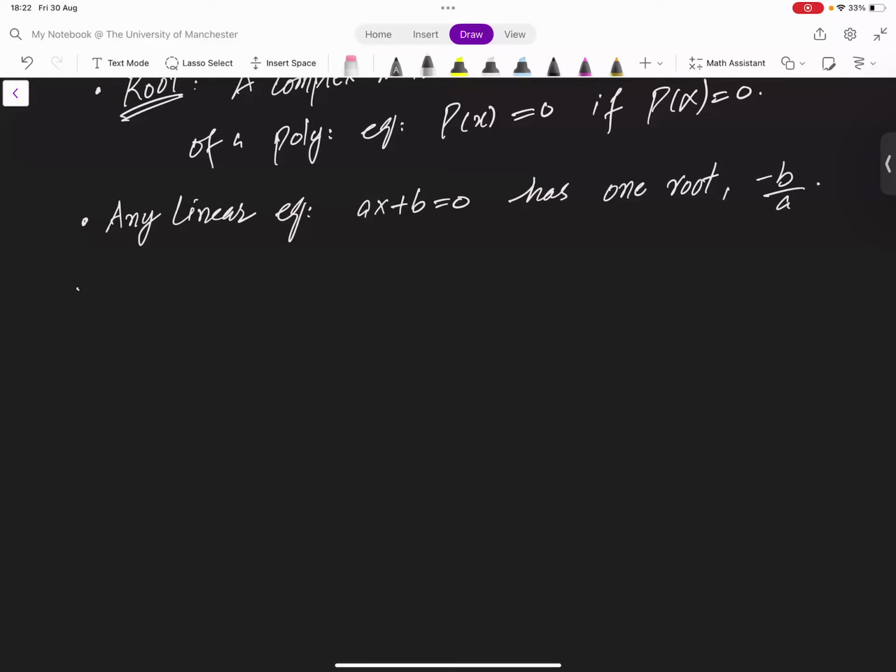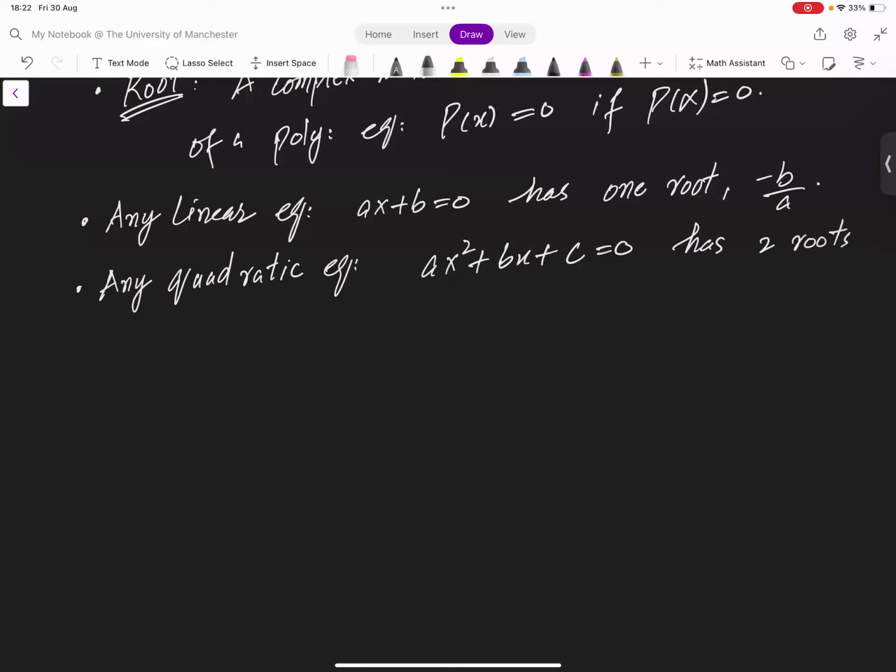And then any quadratic equation ax square plus bx plus c is 0 has two roots, namely 1 over 2a times minus b plus or minus the root of b square minus 4ac. Okay.